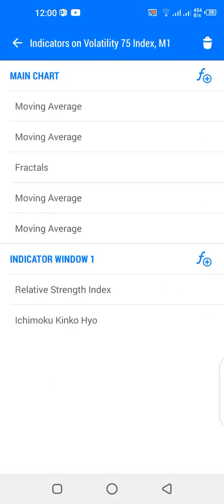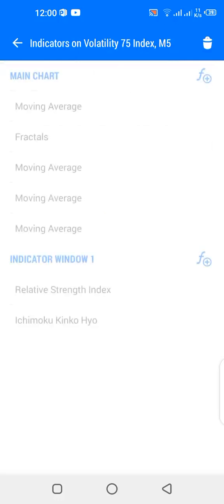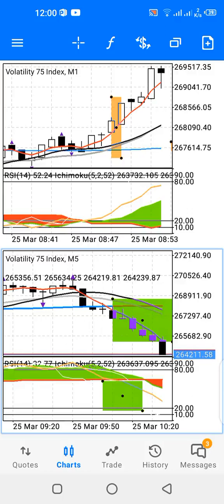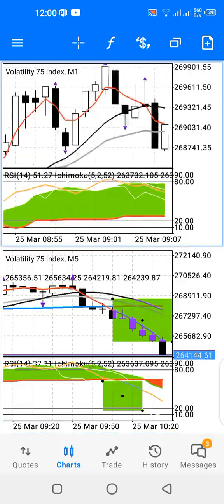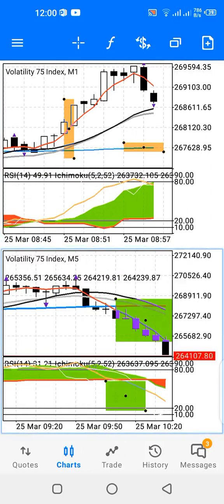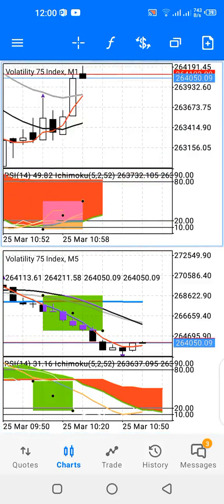So that's that. The same parameters on the upper window is the same parameters on the lower window. So the strategy I've already highlighted how to make use of this strategy. So in as much as you have an alignment on both windows, you can place your trade.